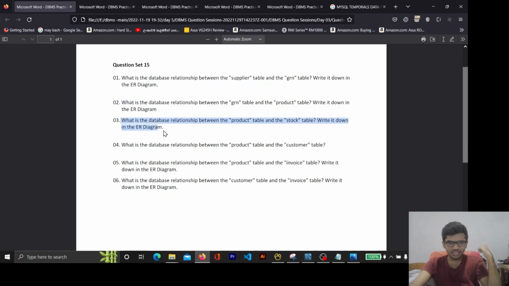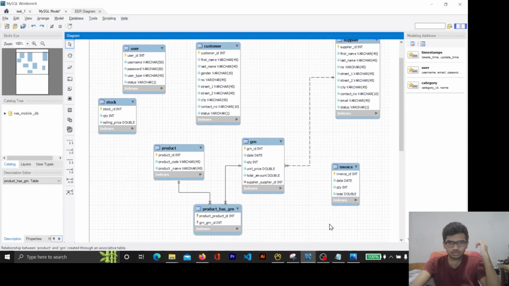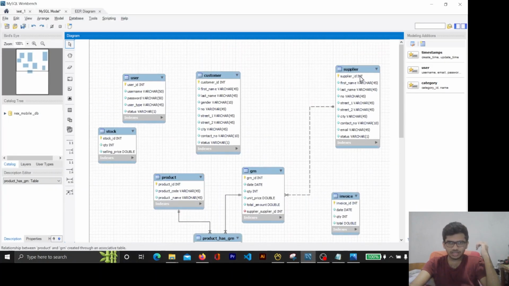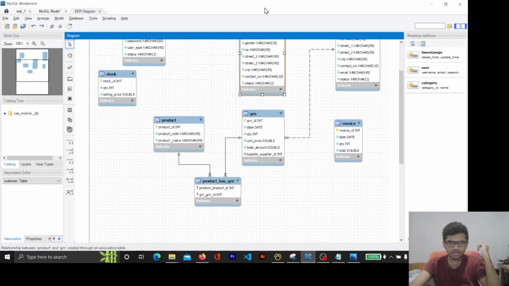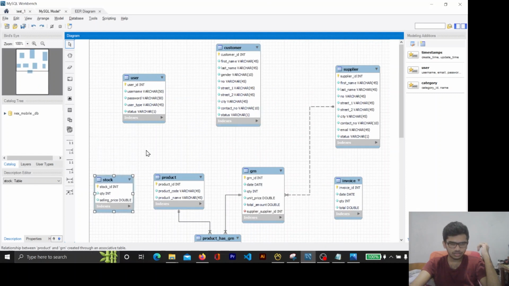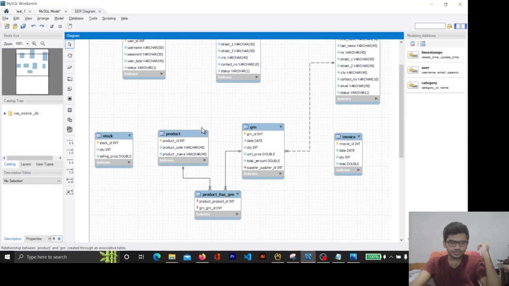The third question suggests that you should create the relationship between the product and stock tables. Let's quickly summarize this. Let's first take a look from the product side.